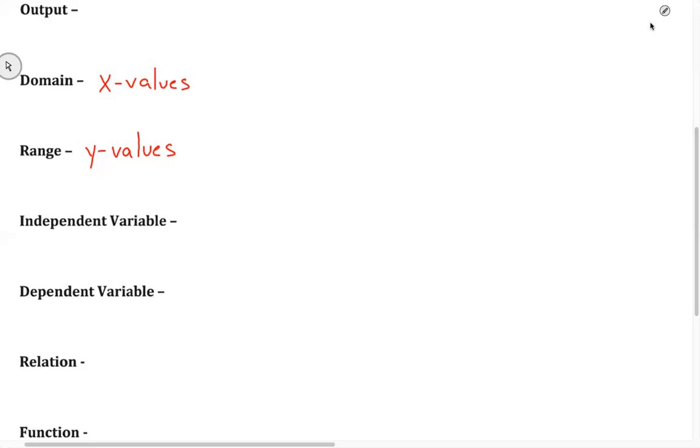So time is typically the independent variable, and the dependent variable would be your grade. Independent variable is your X values, what you put in. It's your input, your domain. And your dependent variable is your Y values.